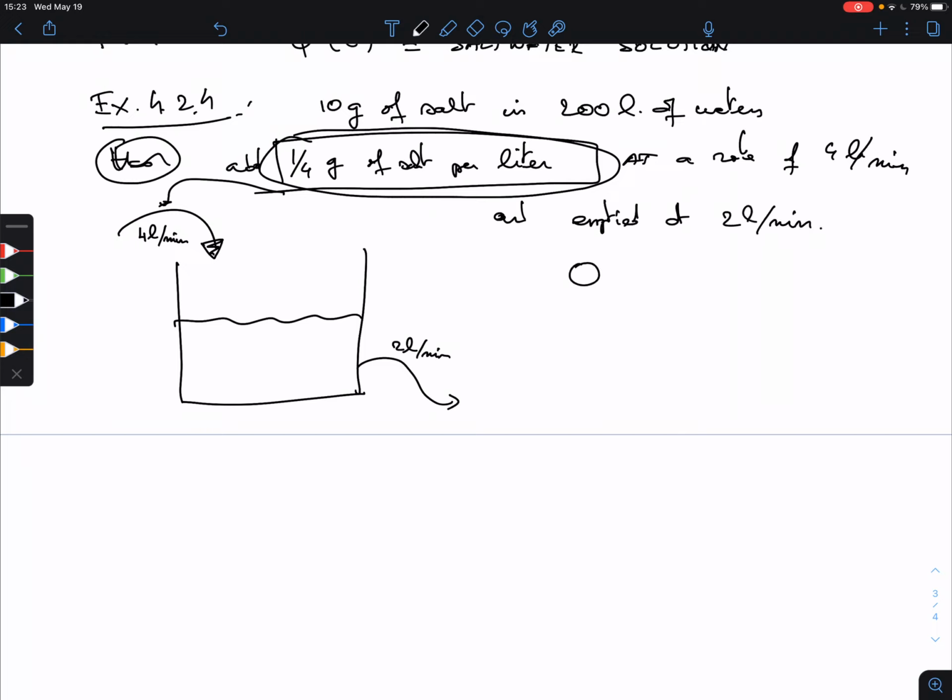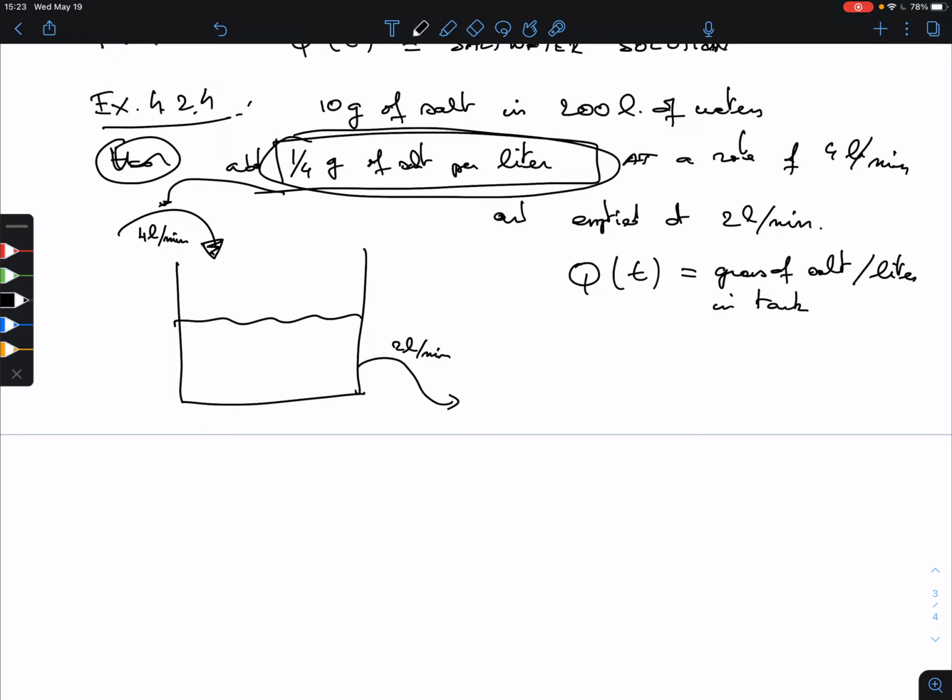Okay, and so we would like to have a function of t. Q of t is going to be the grams of salt per liter in the tank. So it's a concentration.